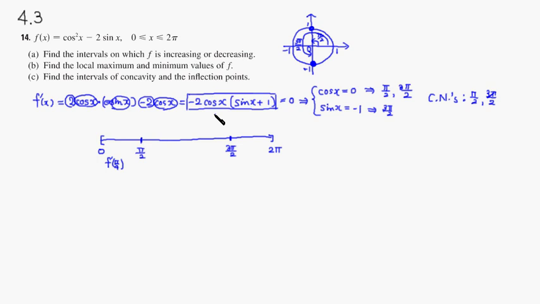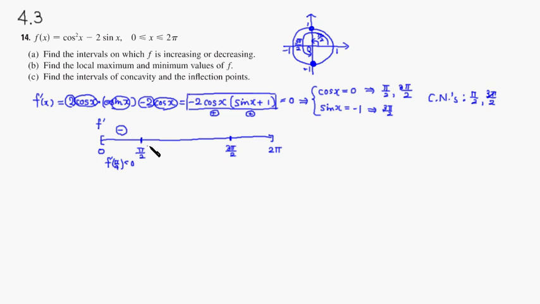If x is pi over 4, which means 45 degrees, then cosine is definitely positive, and sine of x plus 1 is definitely positive. So negative 2 times positive times positive is going to be negative. So the first derivative is negative there.